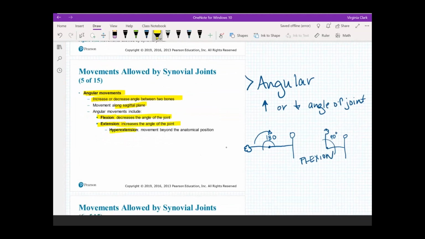You also have something called hyperextension, which means that it goes beyond its normal anatomical position. So our cute little 4-year-old who's got his arm out at 180, that is actually the normal anatomical position. If he had a little bit of lower tone and his joint was not at 180, but he was more like at 210, where his elbow popped up, that would be hyperextension.